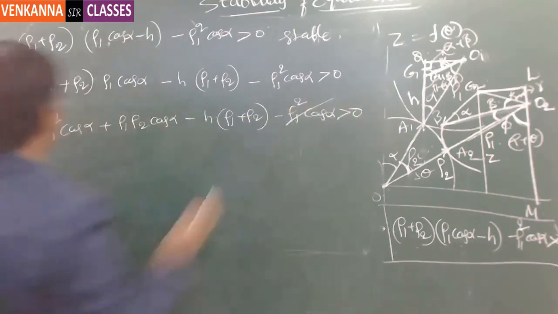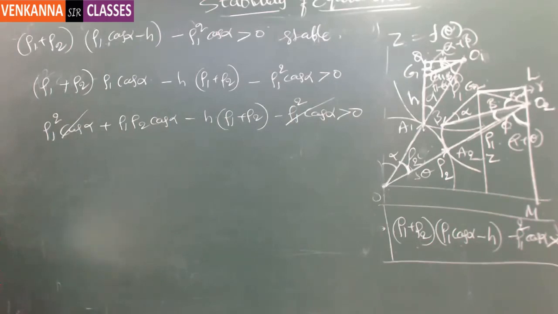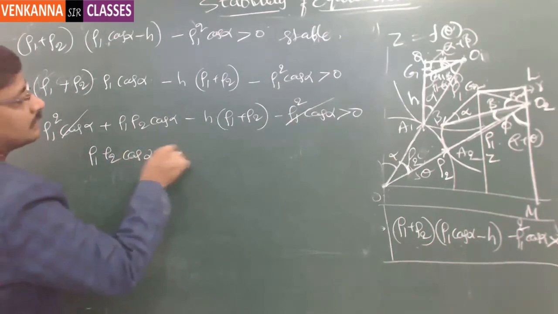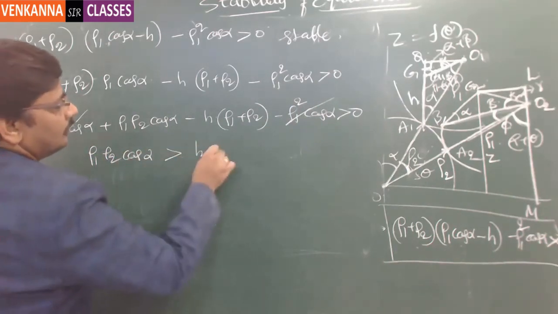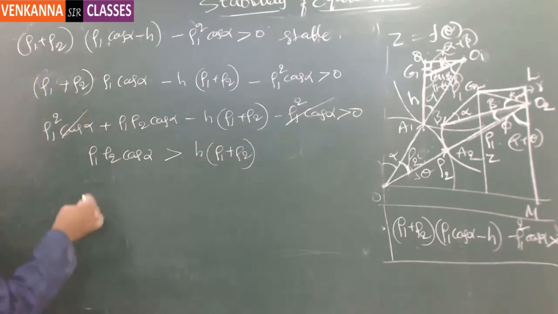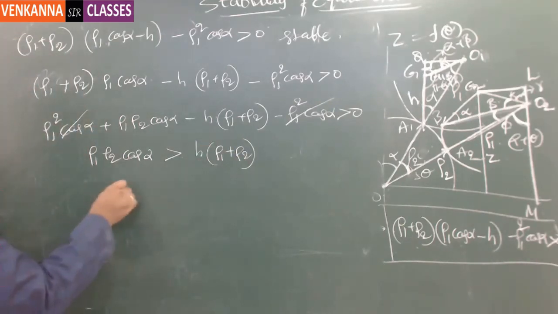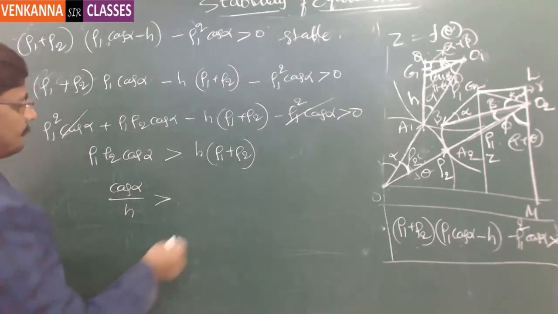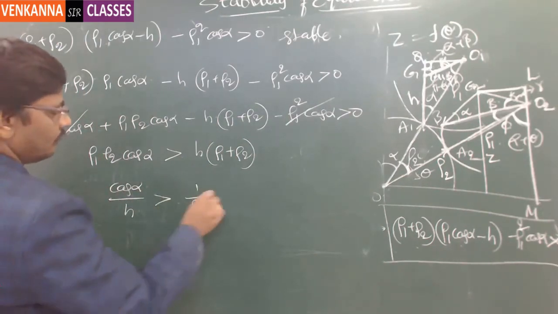So this rho 1 square cos alpha and this rho 1 square cos alpha will go out. Now rho 1 rho 2 cos alpha is greater than h times of rho 1 plus rho 2, or cos alpha by h is greater than 1 by rho 1 plus 1 by rho 2.